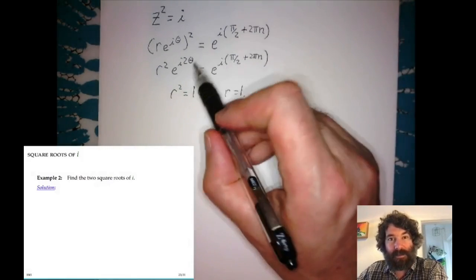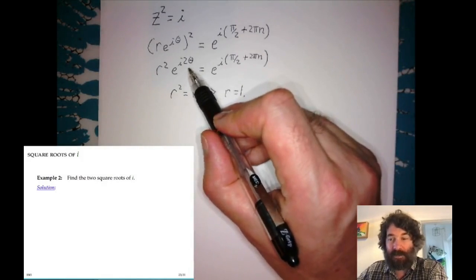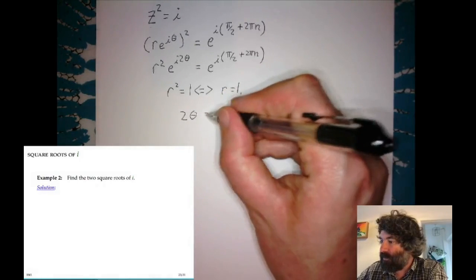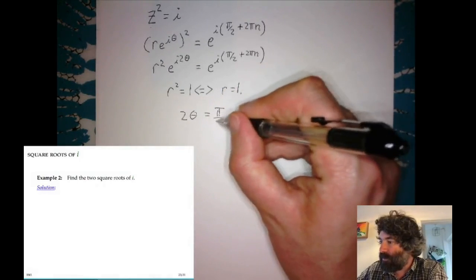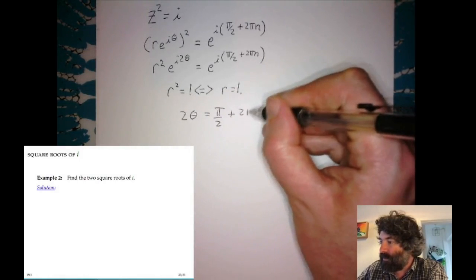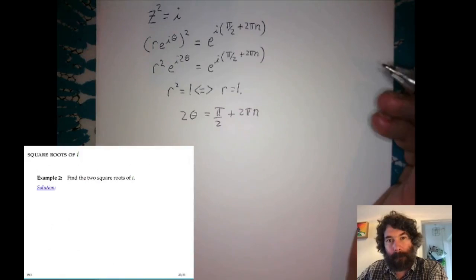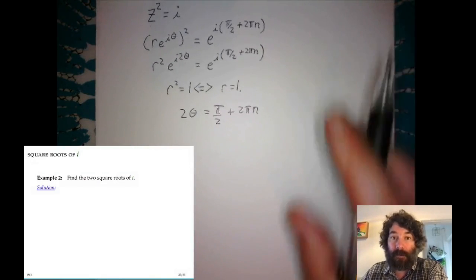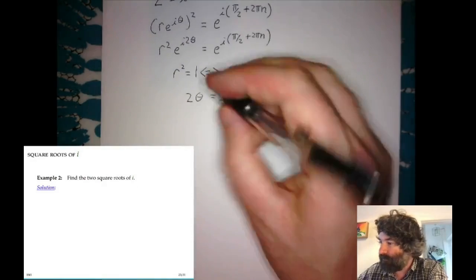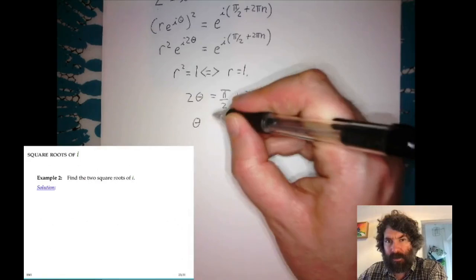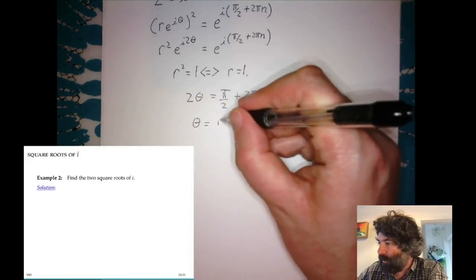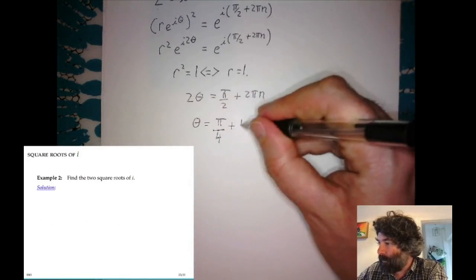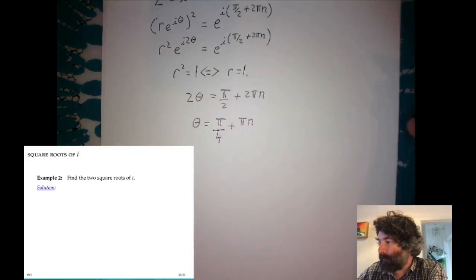Okay, and then considering the argument, we have that 2θ should be equal to π/2 plus 2πn, so π/2 plus some multiple of 2π. Let's divide by 2, and we get θ can be equal to π/4 plus a multiple of π.